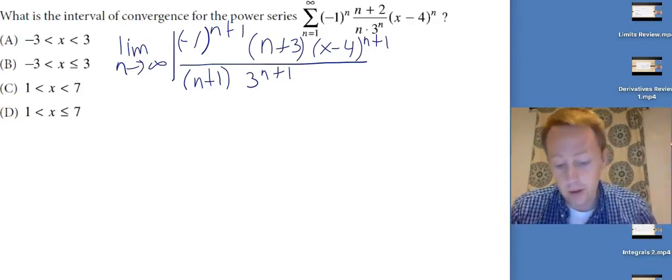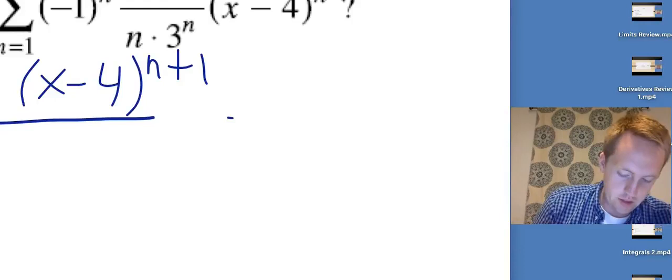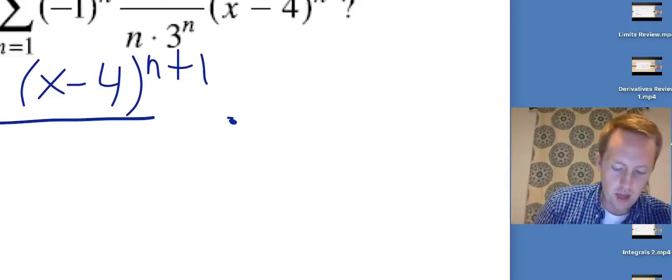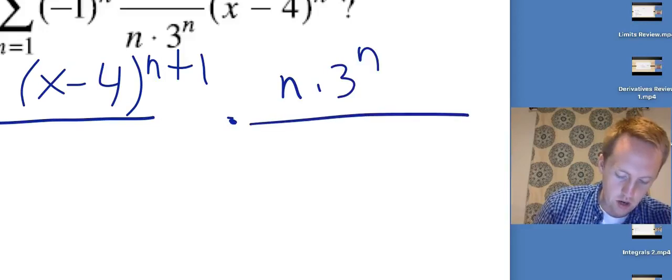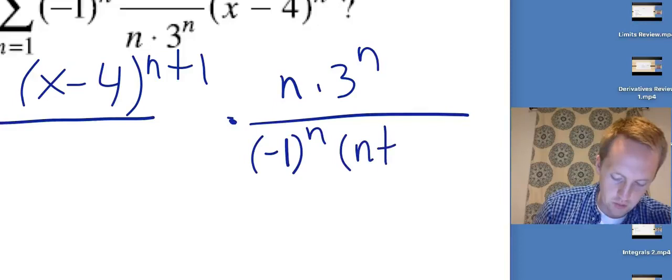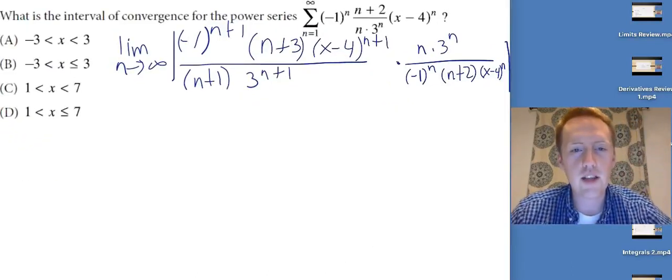I don't know. I'm going to zoom in and hope I can do it. So we're going to have n times 3 to the n over negative 1 to the n times n plus 2 x minus 4 to the n. I'll put those absolute value bars there. Whew, look at that. I managed to do it.